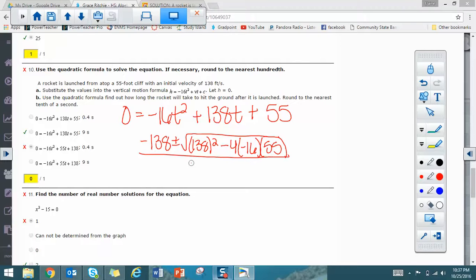And that's all over 2 times negative 16. So lots of simplifying here. Negative 138 plus or minus, I'm going to simplify everything underneath using my calculator. So 138 squared minus 4 times negative 16 times 55.